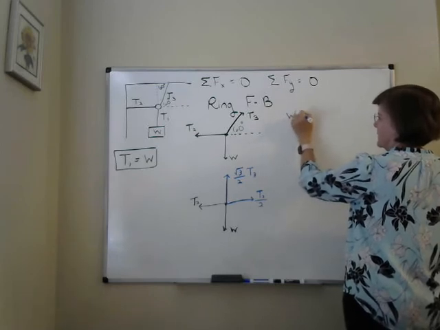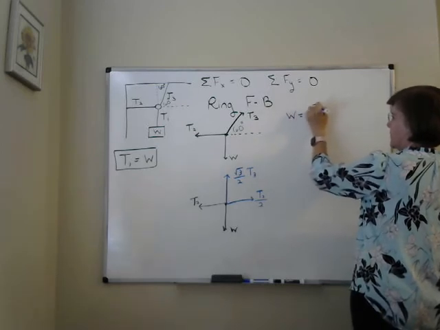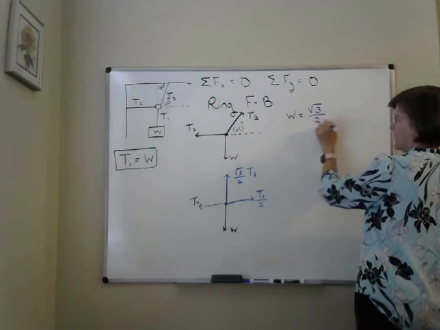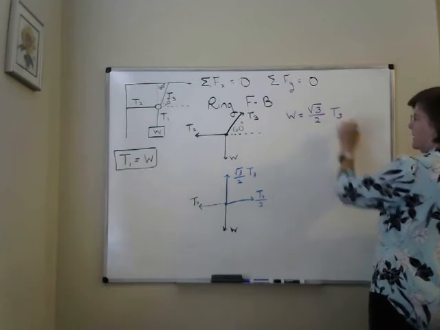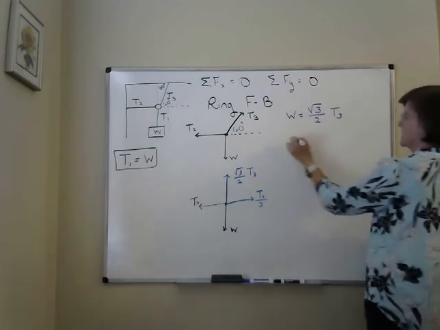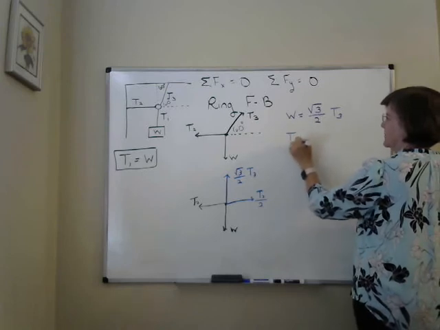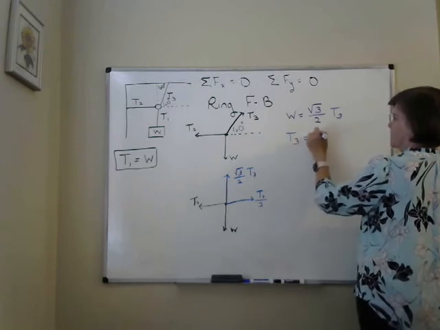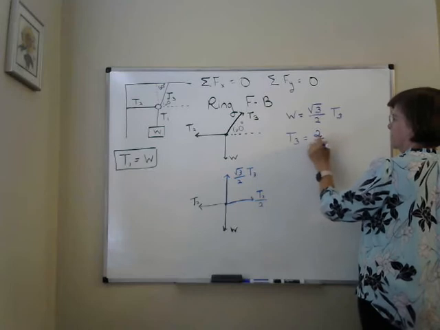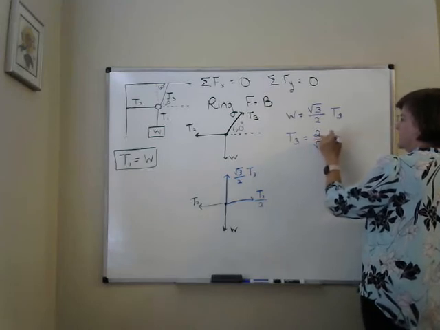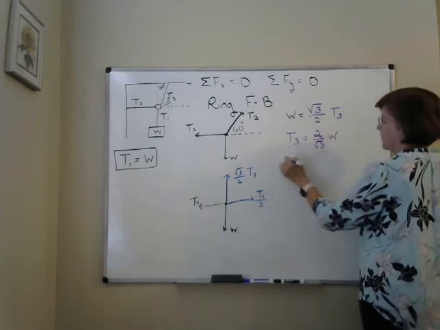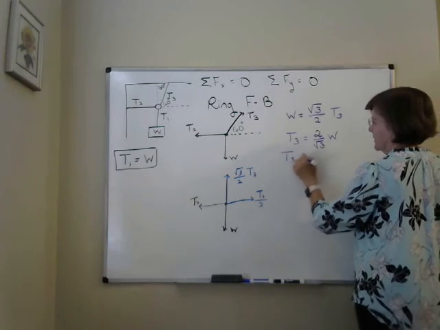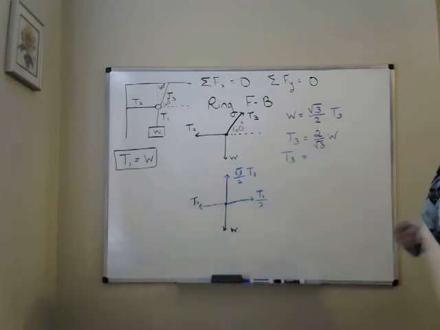W has to equal √3 over 2 T3, which means T3 has to equal 2 over root 3 times W. Now I think I'll bring in the decimals. What is 2 divided by root 3?